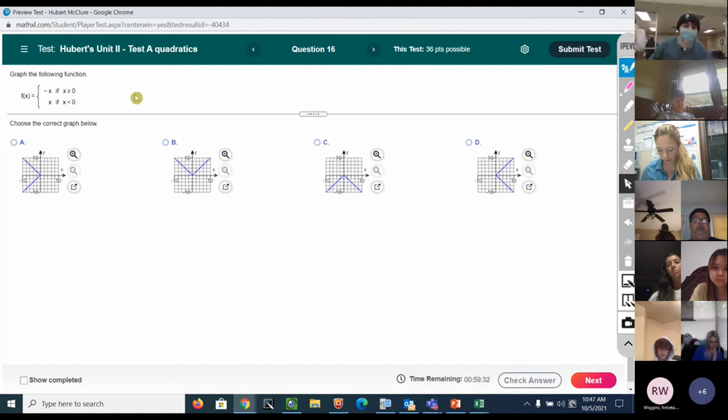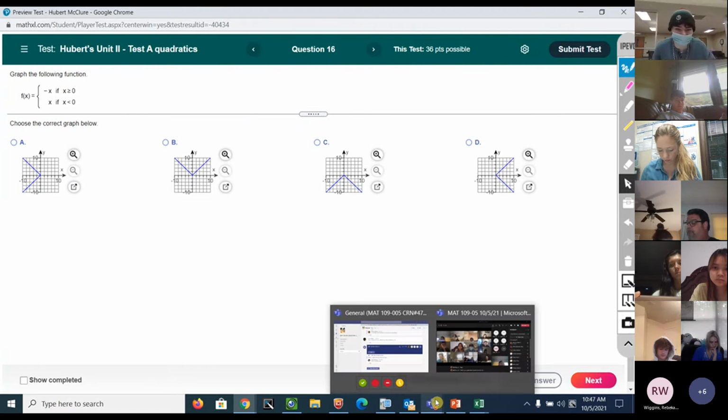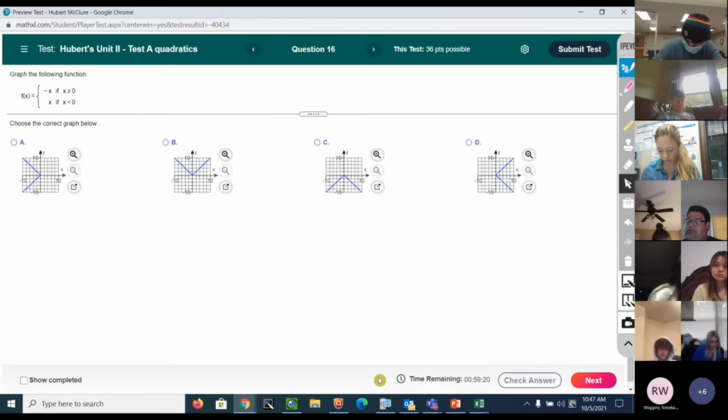here's your piecewise function. So let's do this one. Y, or f of x, is equal to -x, where x is greater than or equal to 0, and regular x, x is less than 0.